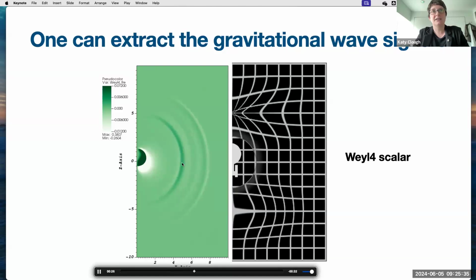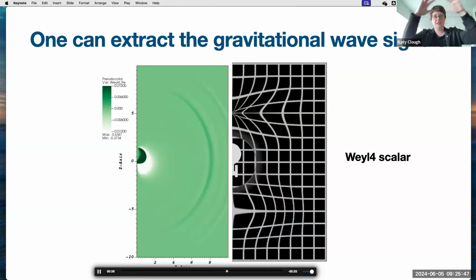This is really the gravitational wave content that's coming out from this collapse of the warp bubble. And then when it reaches some radius, we can extract this and look at the waveforms.